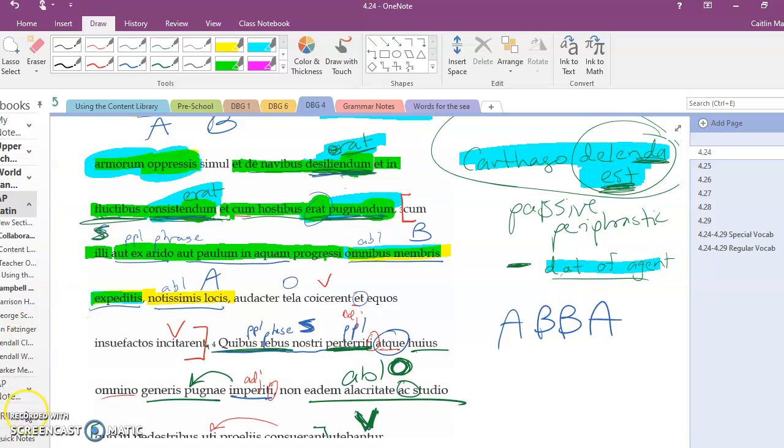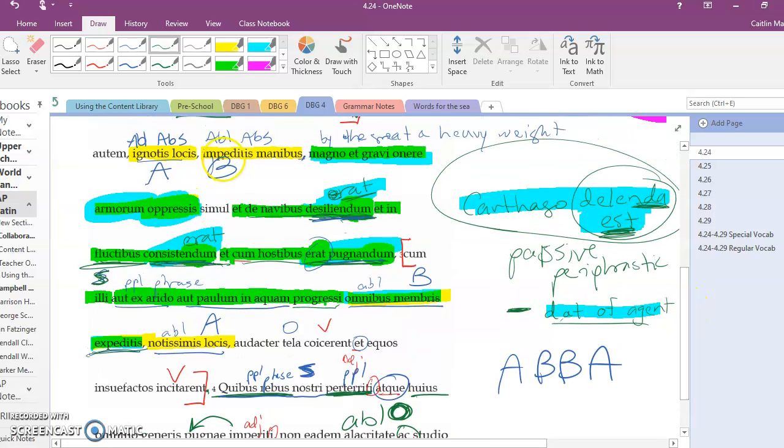Illi, and then all the way through this participle describing illi, the whole thing's going to be a participial phrase describing illi. There are subject illi, having progressed, blah, blah, blah. Another ablative absolute. Omnibus membris expeditis, which should recall back somebody else with their membris impeditis, right?